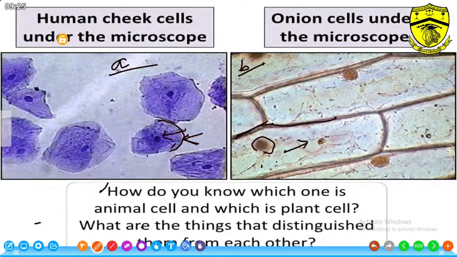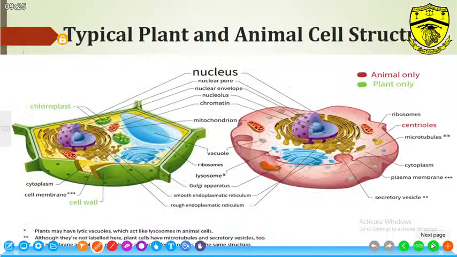Okay. And next we discuss the typical plant and animal cell structure. In here, this is the chloroplast. The chloroplast is only present in plant cells.